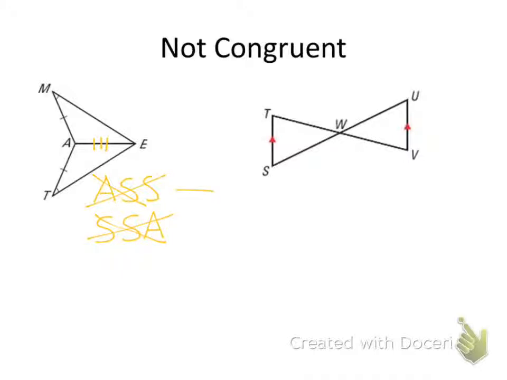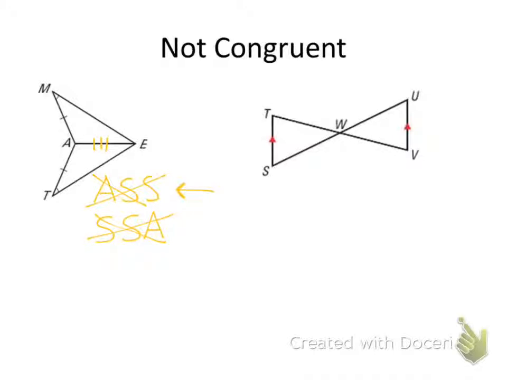Now, realize we're not going to have a triangle congruence that is angle, side, side, ASS. So if you get the urge to write that down as a congruence as you're doing a problem, pause and think to yourself, would we really have one that would be spelled that way? Because if we did, that's what the students would always seem to pick. But no, it doesn't work. It doesn't guarantee congruence.